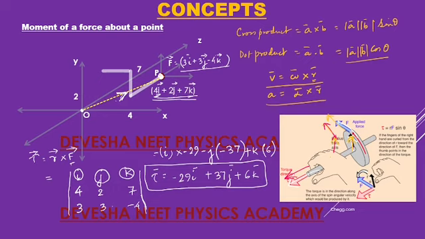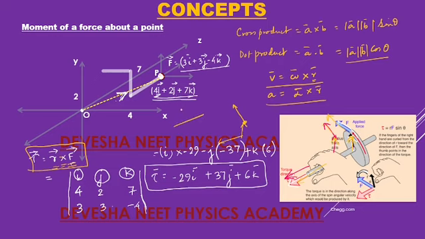So torque will happen in this direction. As you saw, torque is R into F. Since it's a cross product, the direction of torque will be perpendicular to both the positional vector and the force.